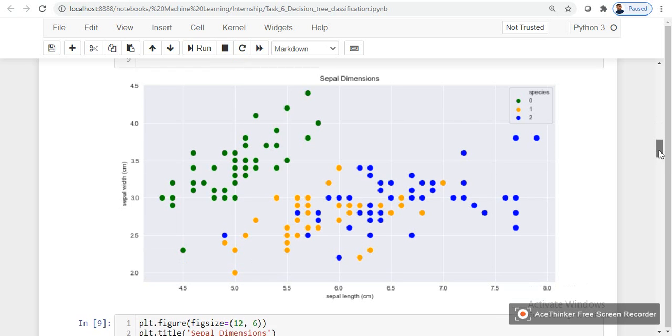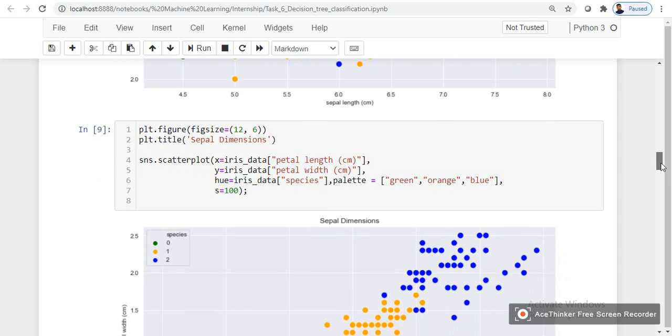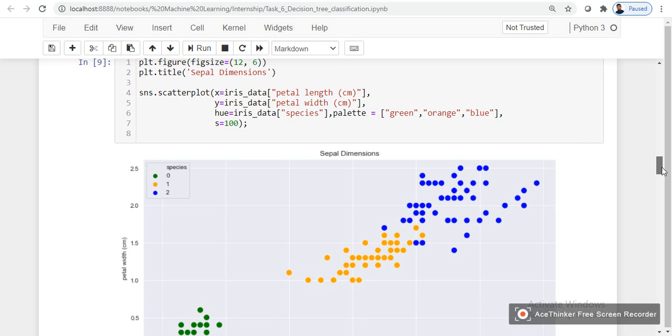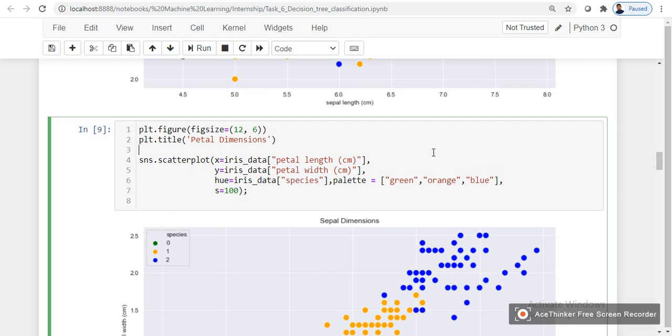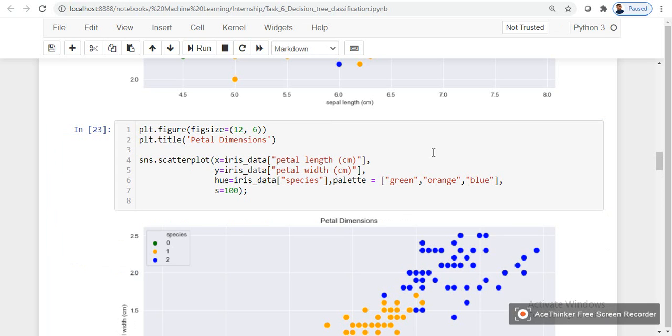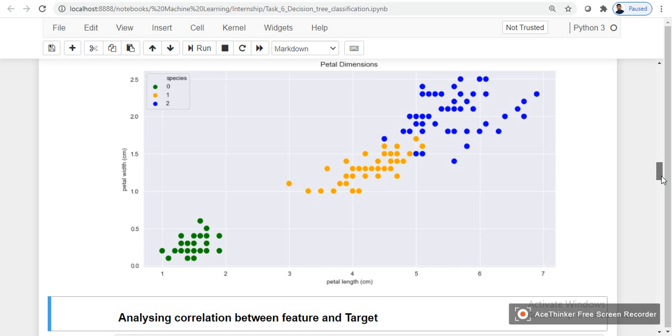And similarly, here are the petal dimensions. In this petal dimensions diagram, class 0 is again linearly separable from class 1 and 2.